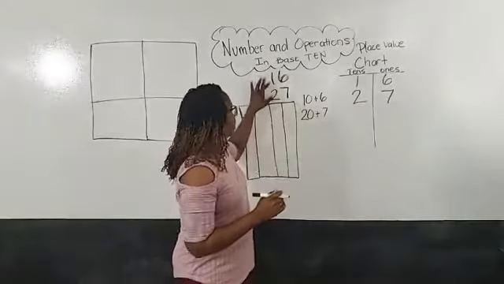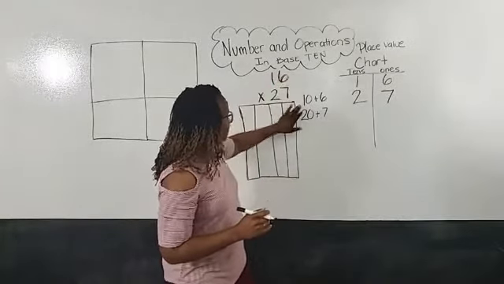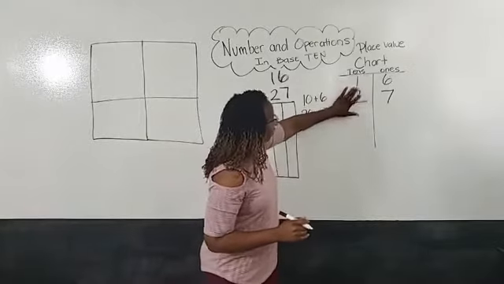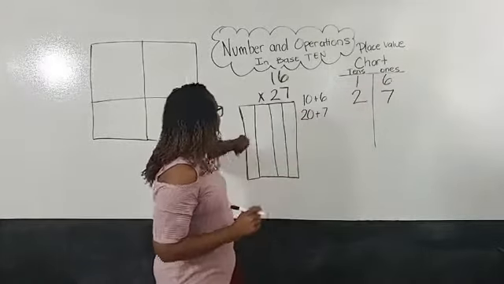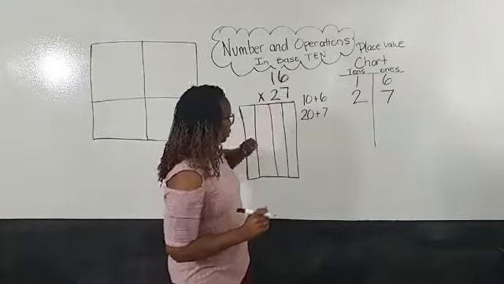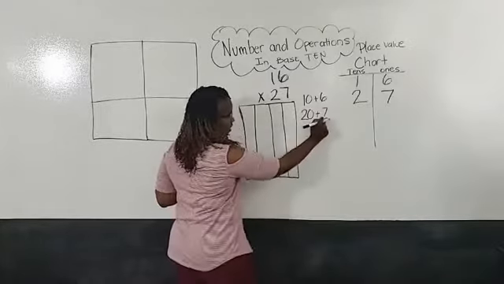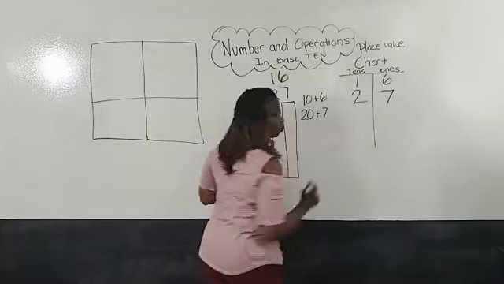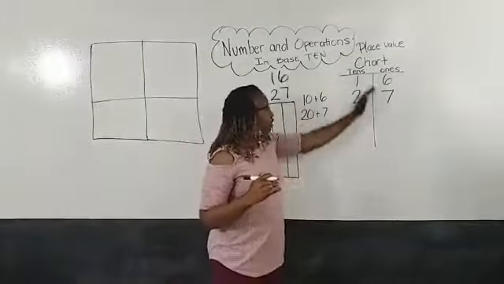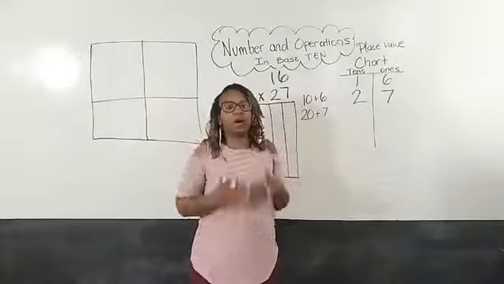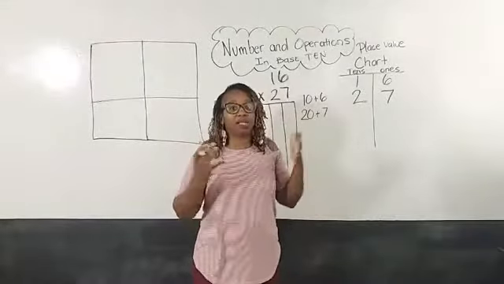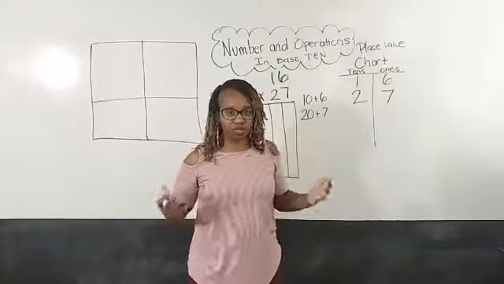I'm working with 16. That can be looked at as 10 plus 6, 1 ten and 6 ones. And I'm working with 27, which could be looked at as 20 plus 7, or 2 tens and 7 ones. This step, this process right here, is all about my confidence. It's all about me believing that I can actually work with these numbers.